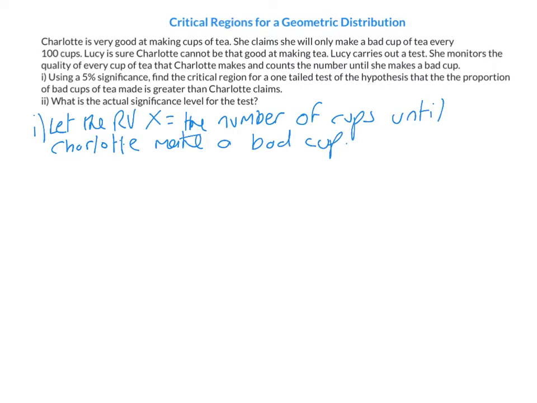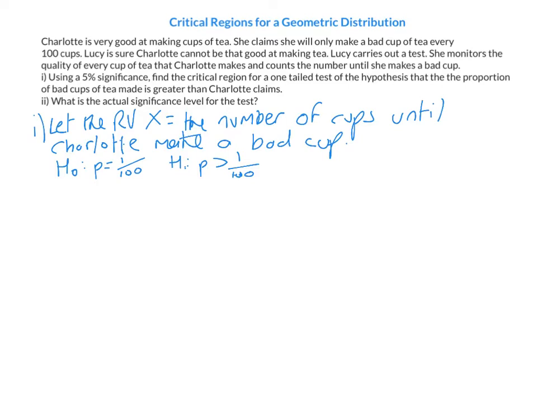We define the hypothesis, so the null hypothesis is the probability is 1 in 100 of making a bad cup. And the alternative hypothesis is she's not that good, so the probability is actually greater than 1 in 100 that she makes a bad cup of tea.